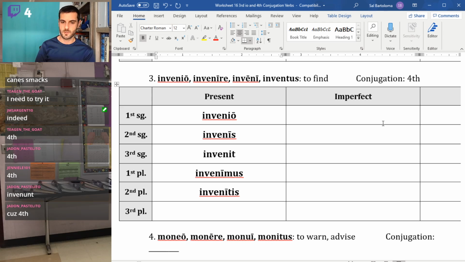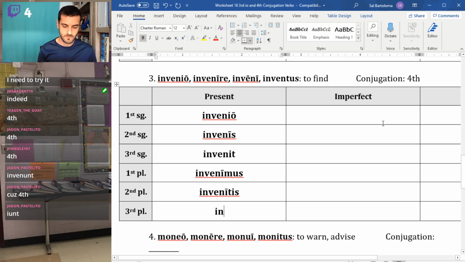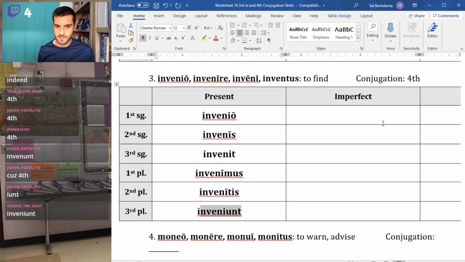You're very close. If the verb is invenio, it's inveniunt. You need to have the I and the U, okay? This one gets missed a lot. A lot of students will just put unt, or they'll just put int, and you need to put both. Iunt. You have to have both vowels there. Inveniunt.